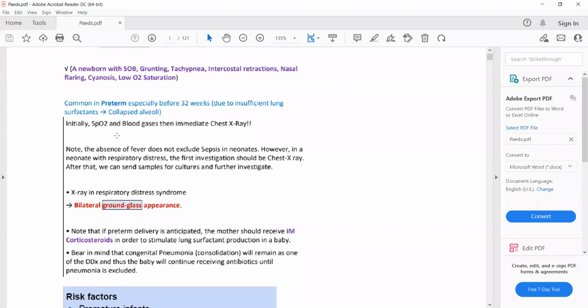If a baby presents to us with these symptoms, we'll initially check his SpO2, saturation pressure of oxygen, and blood gases, and then immediately a chest X-ray will be done, whenever we are suspecting a respiratory problem in a newborn baby.